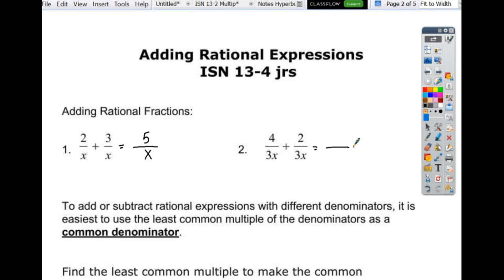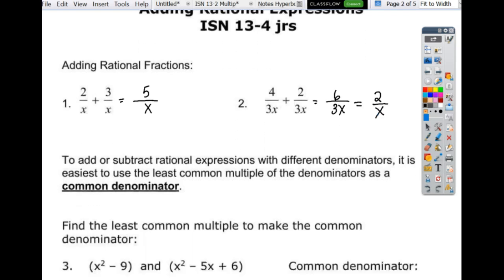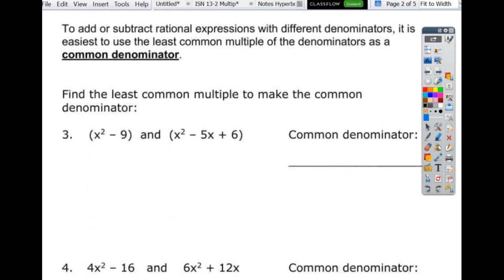So the 3x doesn't change. 2 plus 4 is 6, so 6 divided by 3 is 2 over x. Okay? That was not difficult. Well, you don't have a headache yet, but you're going to.